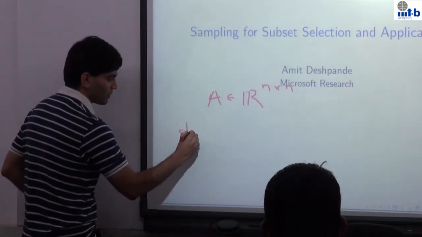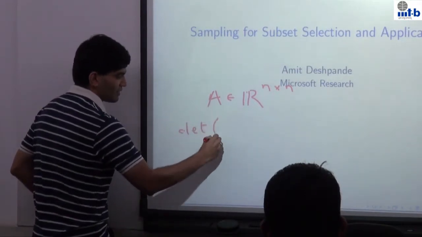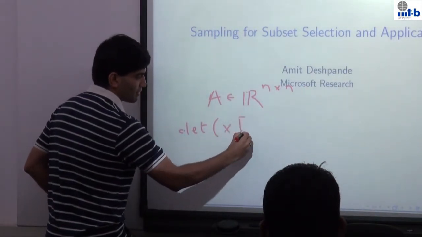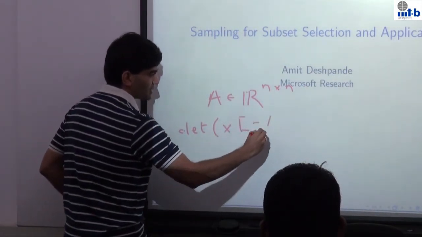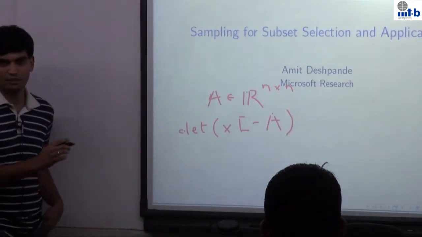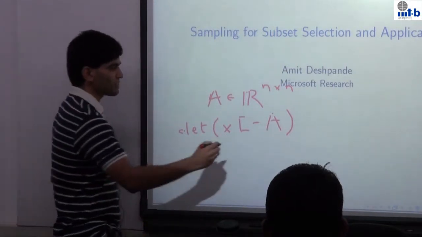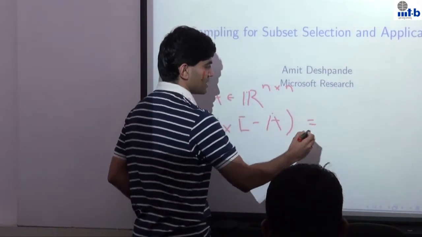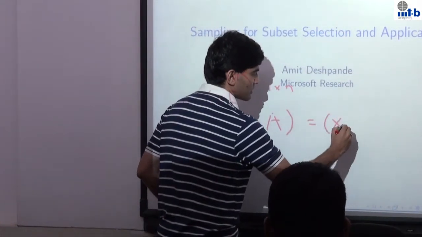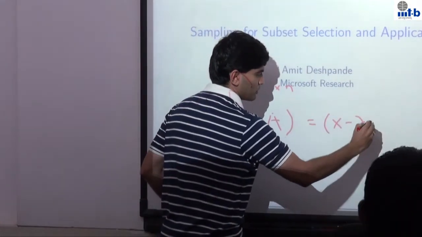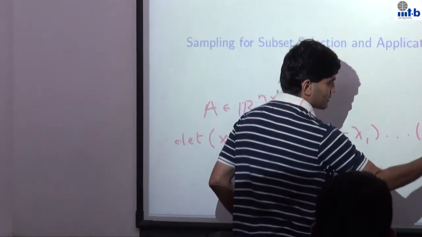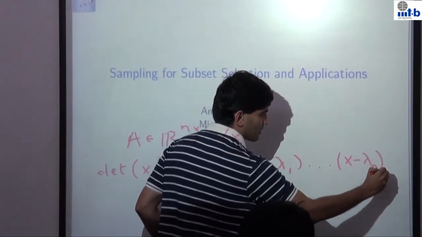Then the characteristic polynomial is a univariate polynomial in variable x, which is the determinant of x times the identity matrix minus A. This has roots, and its roots are called the eigenvalues of A. So it has roots, say, lambda 1, lambda 2, up to lambda n, and the polynomial factors accordingly.